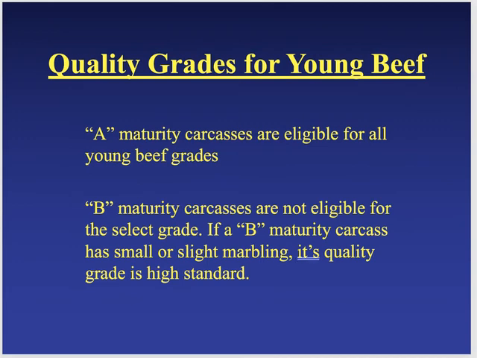But A maturity carcasses are eligible for all beef grades. So essentially you could have prime, choice, select, standard, cutter, and canner carcasses if they're A maturity. Typically that's not going to be the case. If they're A maturity, they're going to be no worse than standard, in my opinion. Now B maturity carcasses are not eligible for the select grade.